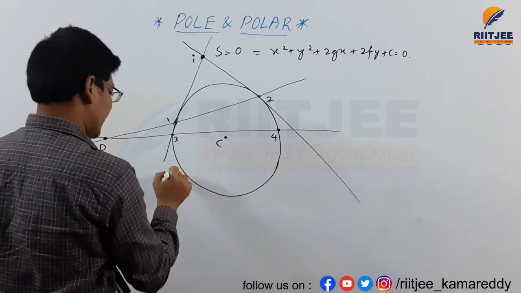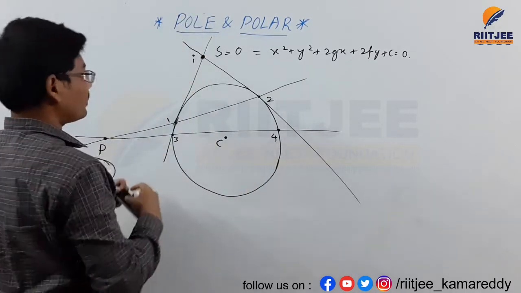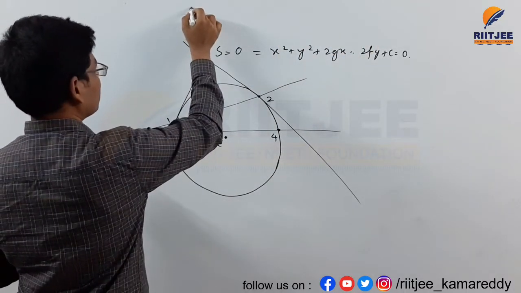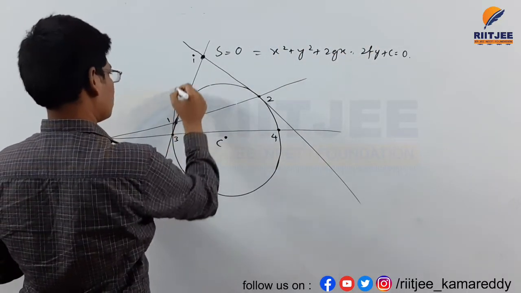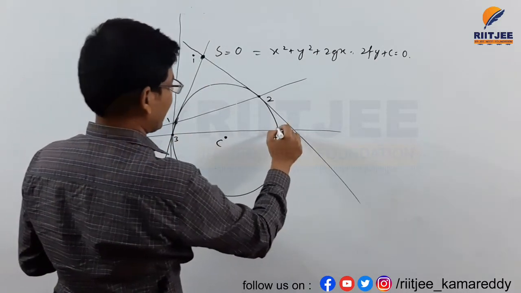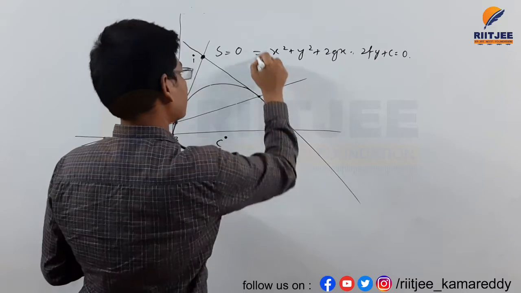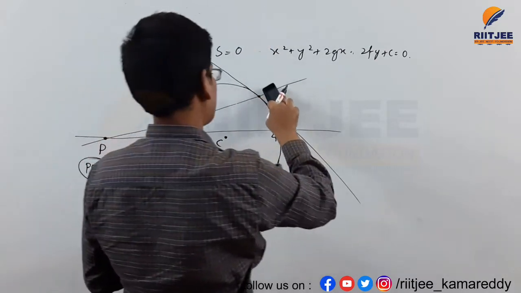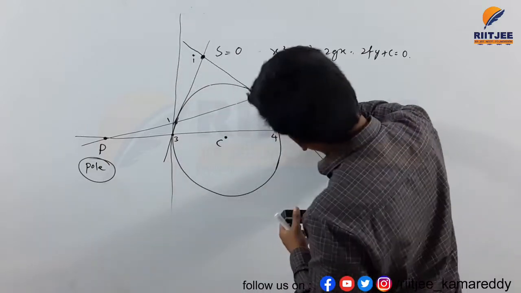I am drawing a tangent line at point 3, and a tangent line at point 4 again.